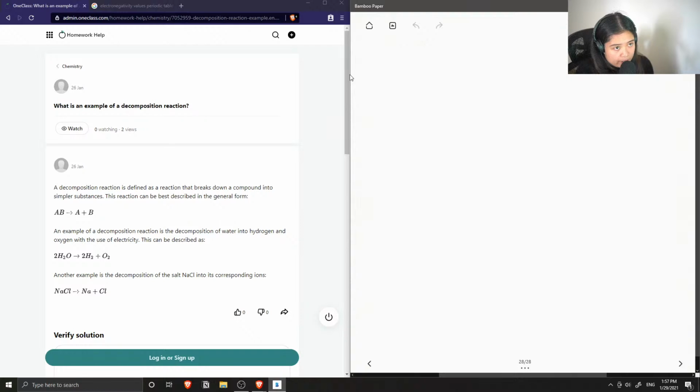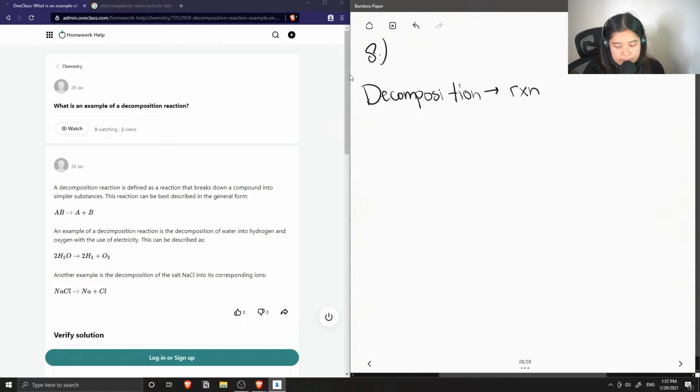Okay, so question number 8 is, what is an example of a decomposition reaction? So when we have a decomposition reaction, this is a reaction that breaks down a reactant to 2 or more products.